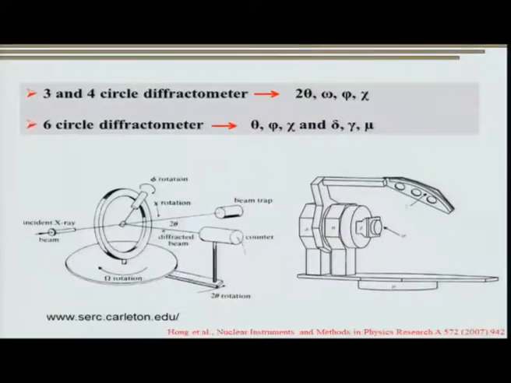Let us not go into the details of the 6-circle diffractometer, but the point that I want to pass on is that the diffraction condition is not just simple theta 2 theta, as in a 2-circle diffractometer, but in order to do advanced studies and do proper sample alignment, we do need this flexibility of rotating the sample in different ways, and therefore the need of 3-circle and 4-circle diffractometers.